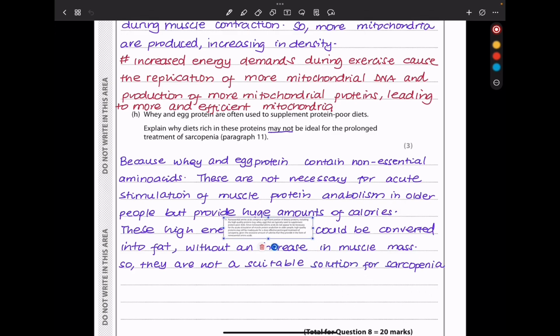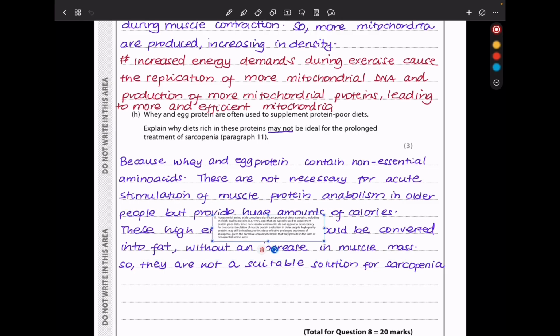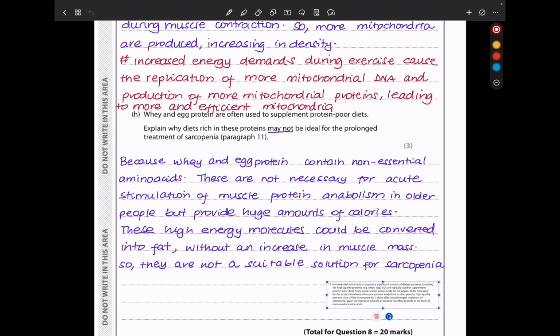If I make paragraph 11 expanded out for you to see, they say non-essential amino acids comprise significant portions of dietary proteins, including the high-quality proteins like whey and eggs. It means these contain non-essential amino acids, and these may not be important or necessary in the stimulation of muscle growth.